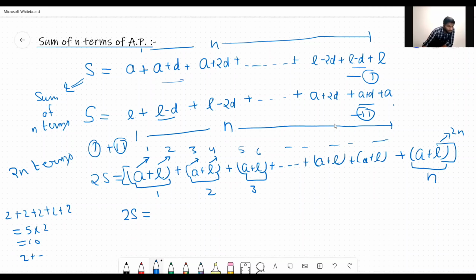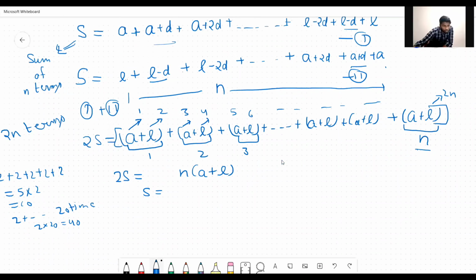If we add 2 20 times, it will give you 20 into 2, that is 40. In the same way, we are adding A plus L n times. So it will give you n times A plus L. And we have found the sum.